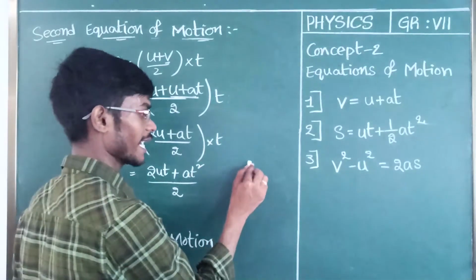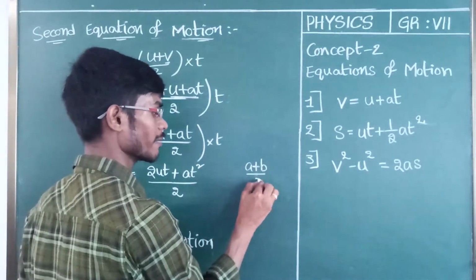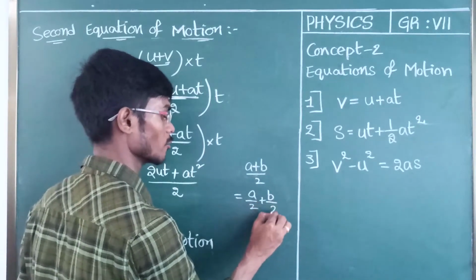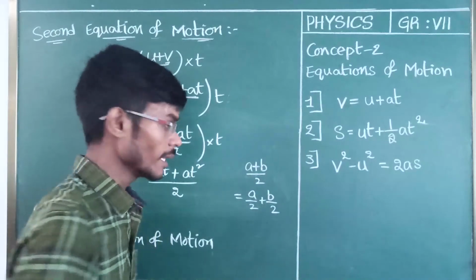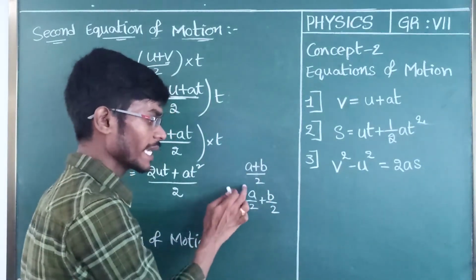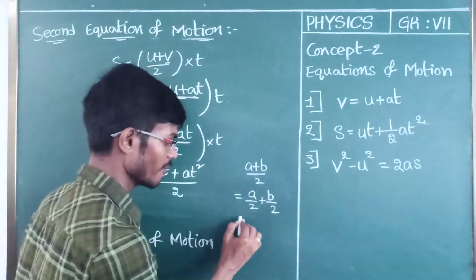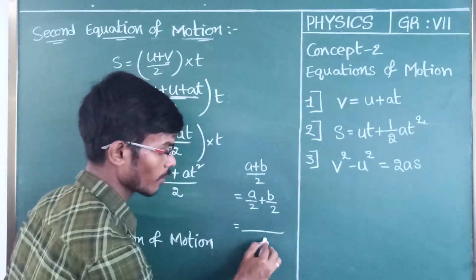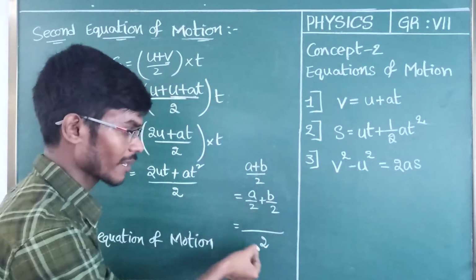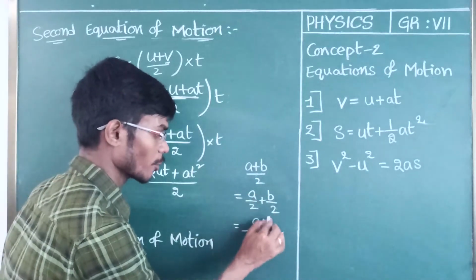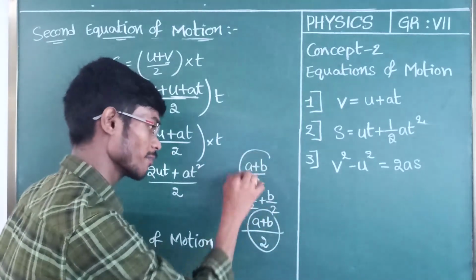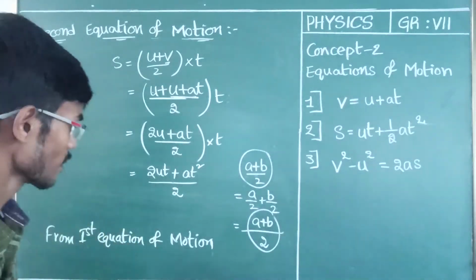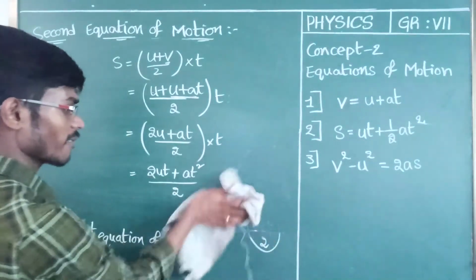Suppose we have a plus b divided by 2; this can be written as a by 2 plus b by 2, right? Even for these two alone, the denominators are the same, so directly we can add the numerators. There is no change.